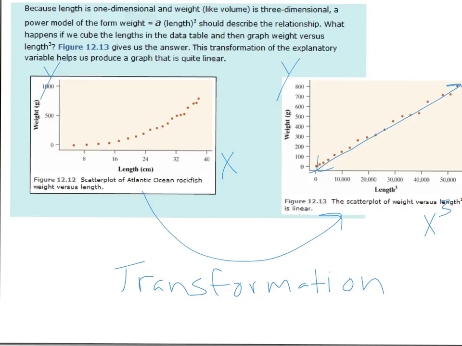And we absolutely can. As long as it meets all of our conditions and seems appropriate to use linear regression, that's what we would do: look at the length cubed and the weight.